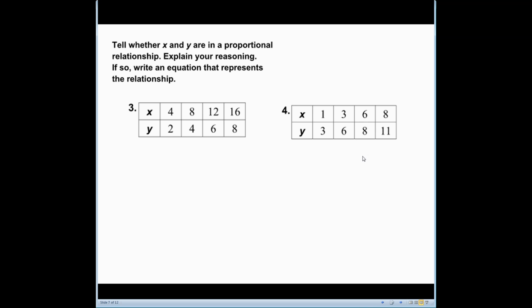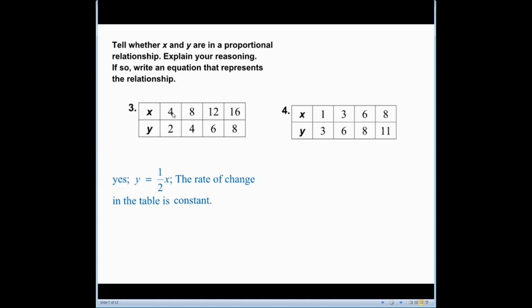If we have tables, we can also use tables to explain whether x and y are in a proportional relationship. So let's look at number 3. What am I looking at? The rate of change. So what is that?